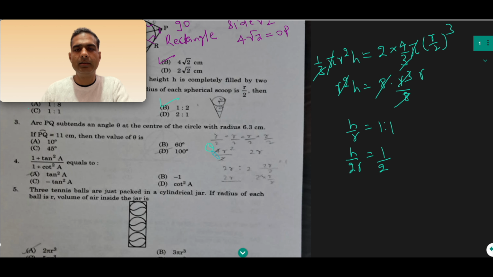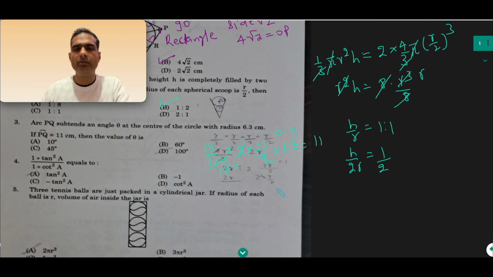So theta by 360 into 2 pi, that is 22 by 7, into the radius, that is 6.3, and this has been given as 11 centimeters. From here we can cancel, 7 into 9 is 63, so 6.3 will give 0.9, and we can cancel by 2, so this will be 180.